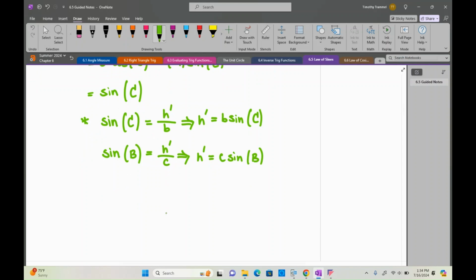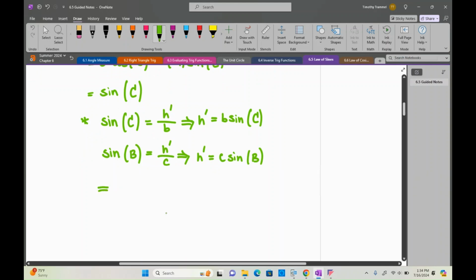Since they're both equal to H prime, they're equal to each other. So I'm going to write in here little b sine of big C is equal to little c sine of big B. There we go.